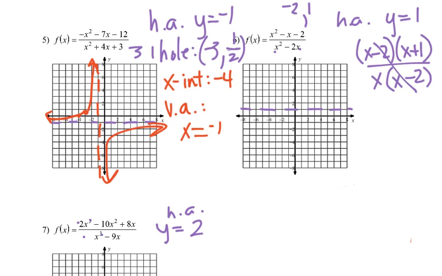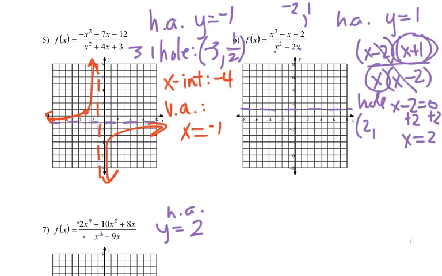The x minus 2's cancel, so set it equal to 0, add 2. We get x equals +2, so we have a hole at +2. Take the leftover piece, x plus 1 over x. Put the 2 in, 2 plus 1 over 2. That would be 3 over 2, which is 1.5. So at 2 and 1.5, we have a hole right there.